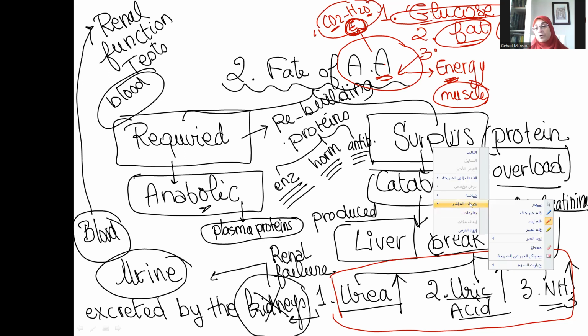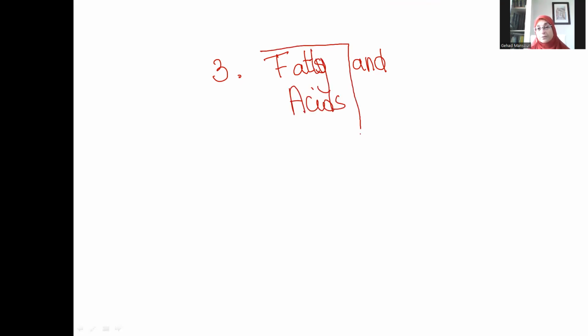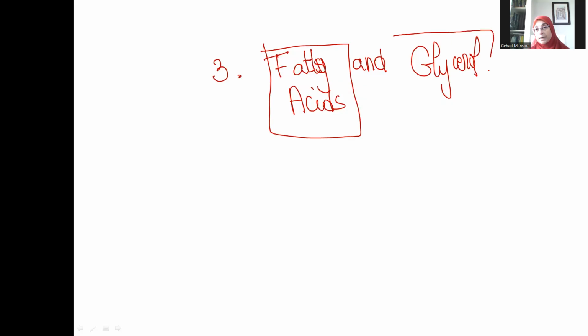And now we come to the last fate, which is the fate of the fats. We have said that the final products of digestion of fats are fatty acids and glycerol.